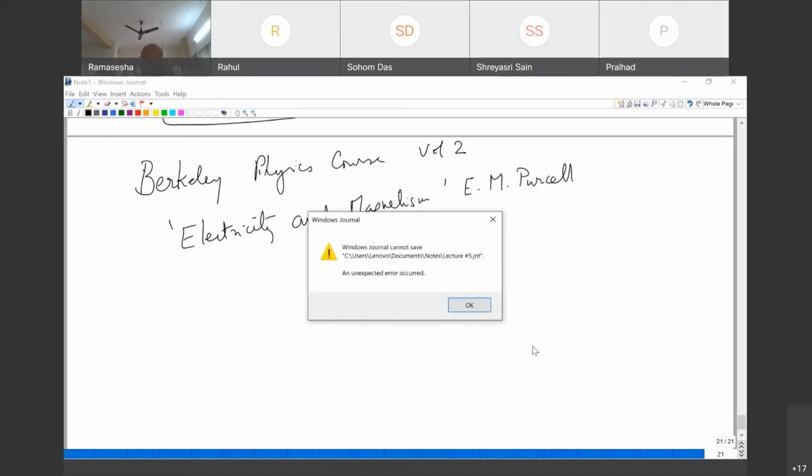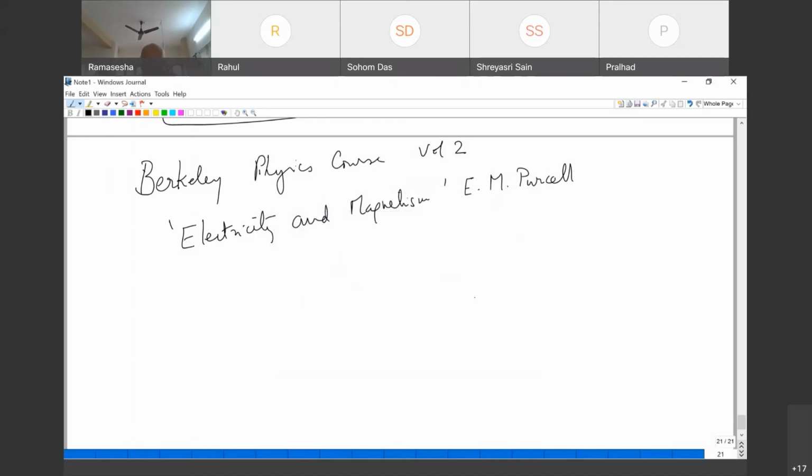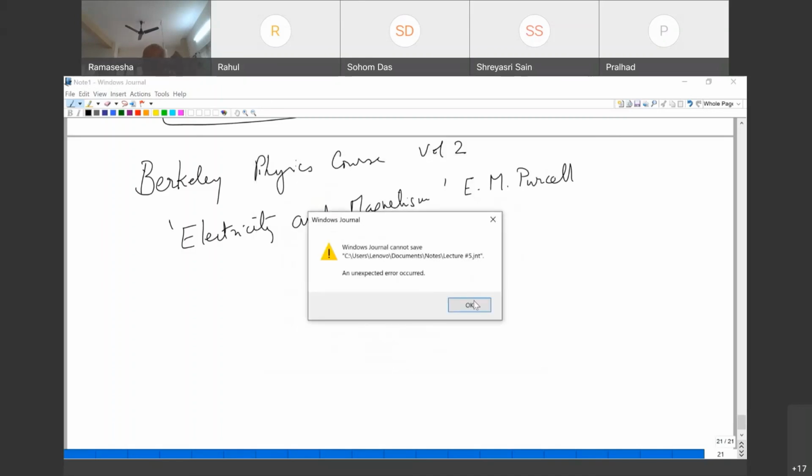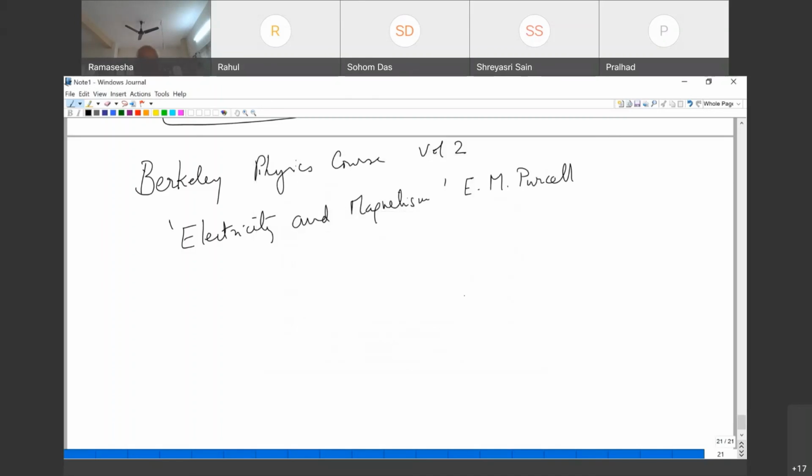Okay, so Purcell, Pound, and Felix Bloch, these were the three people who got the Nobel Prize together.